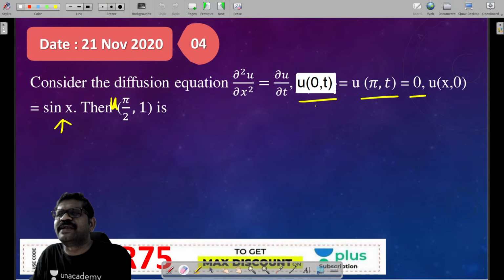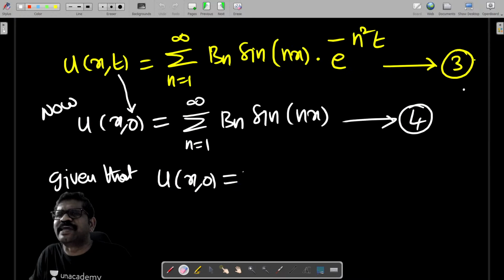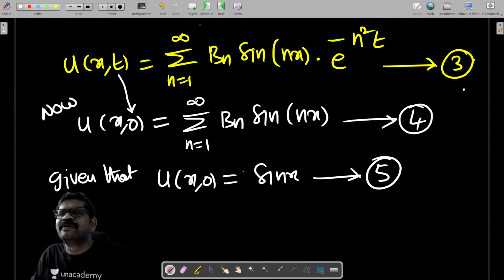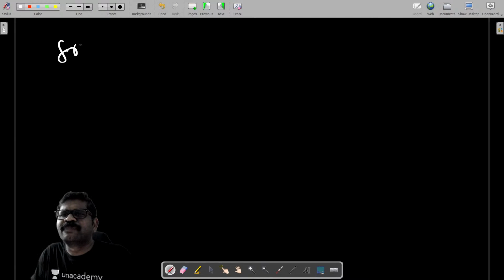It is provided in the data. U of x comma 0 is sin x. That's why I am writing sin x. Called it equation 5. From 4 and 5, u of x comma 0 is 4 and u of x comma 0 is 5.